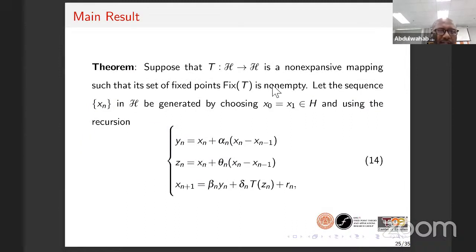This is the main theorem that we state here. As you can see in algorithm 14, we have two inertial extrapolation steps, yn and zn. The only thing we added is the error term Rn, and beta n and delta n, the sum of the two is not necessarily equal to 1. Due to this, we call it the inexact general Krasnoselskii-Mann scheme iteration.